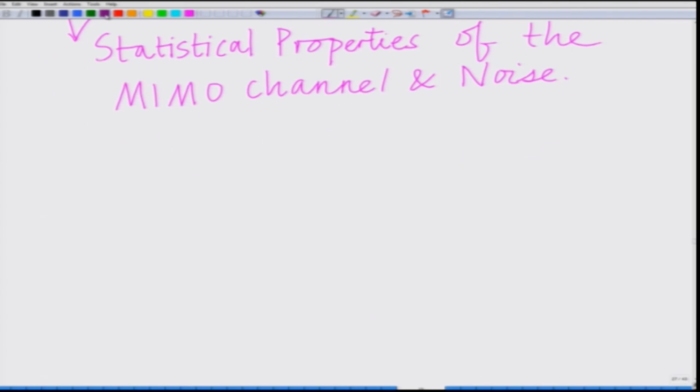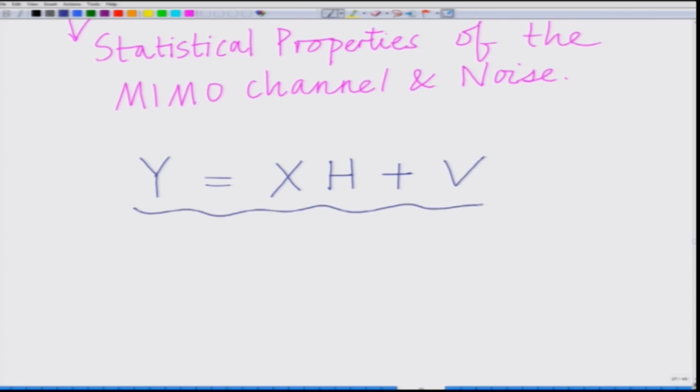So, we have the MIMO channel model, which is y equals x h plus v. This is our MIMO channel model. Remember, this is the model of the MIMO channel which we have derived in the previous module.